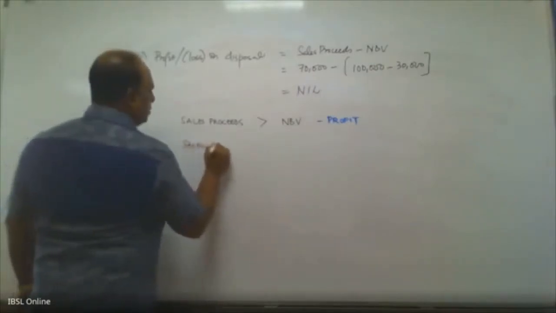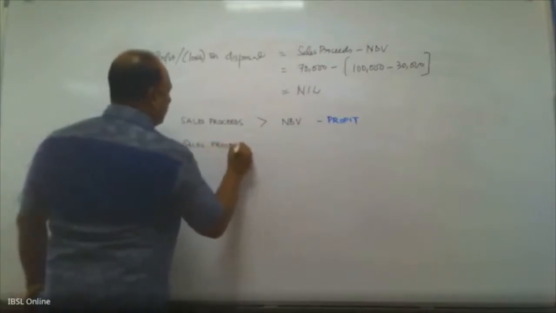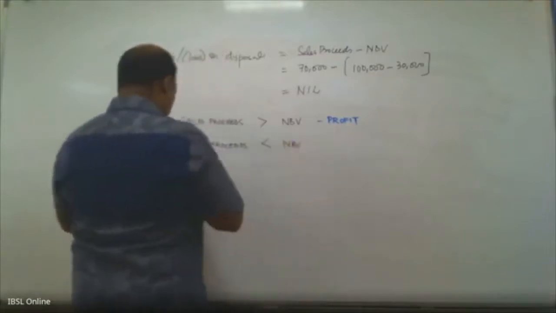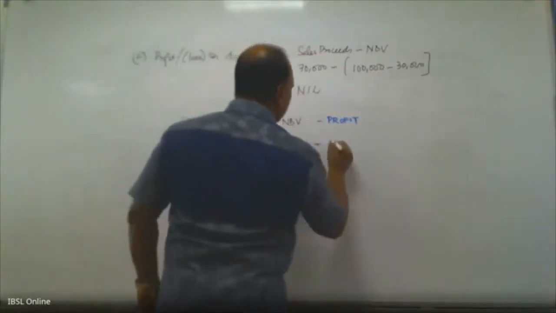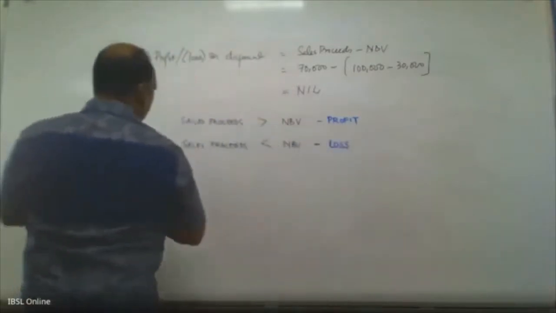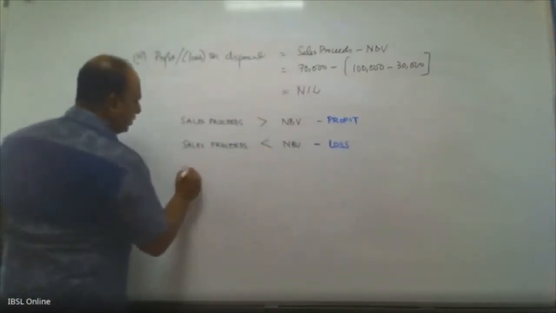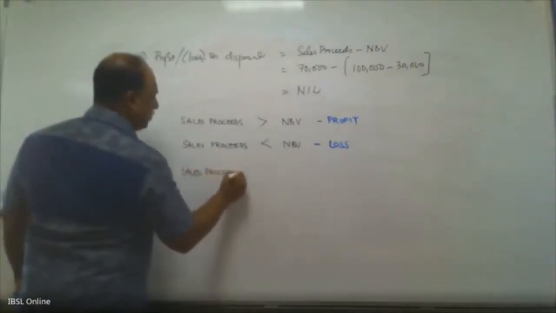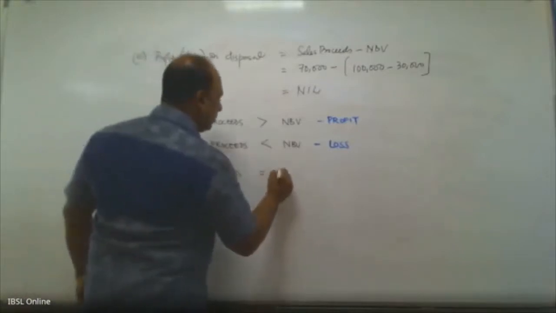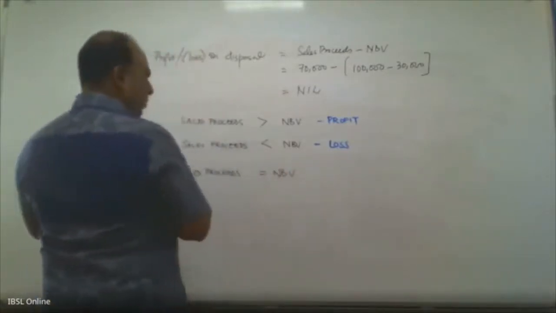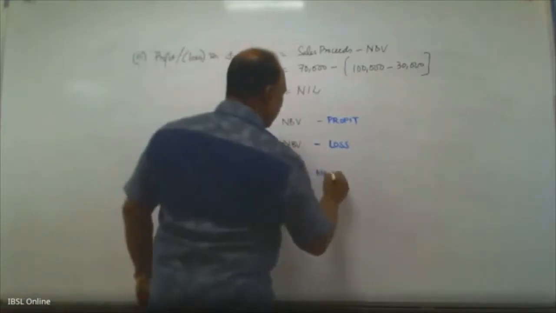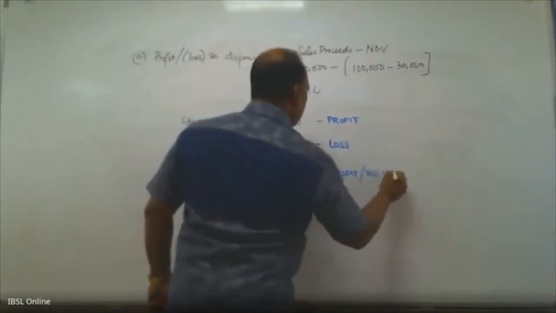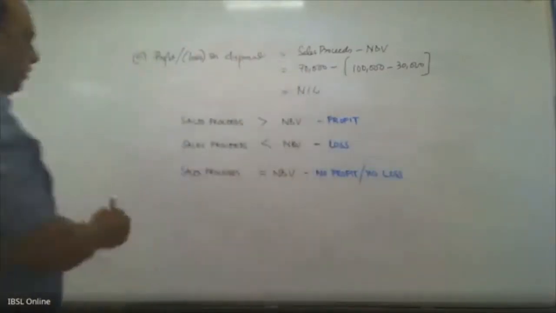If the sales proceeds are less than the net book value, you will have a loss. If the sales proceeds are equivalent to net book value, then no profit or no loss. So that is the scenario that we have here.